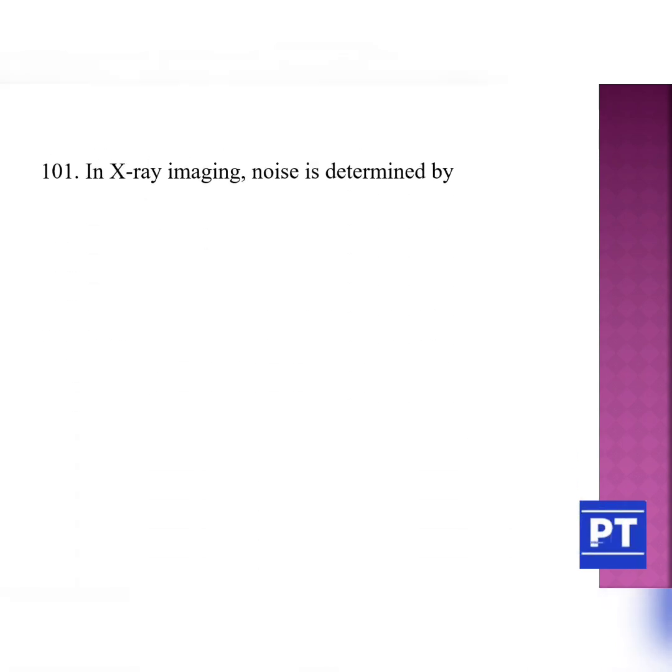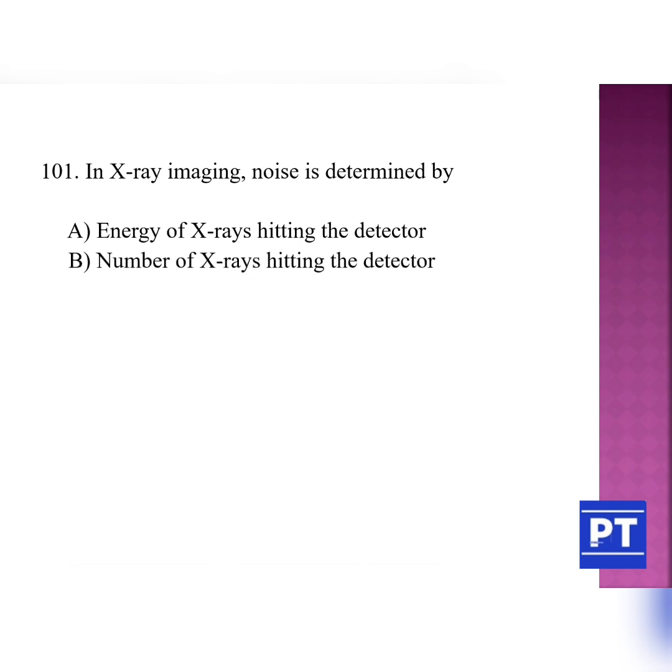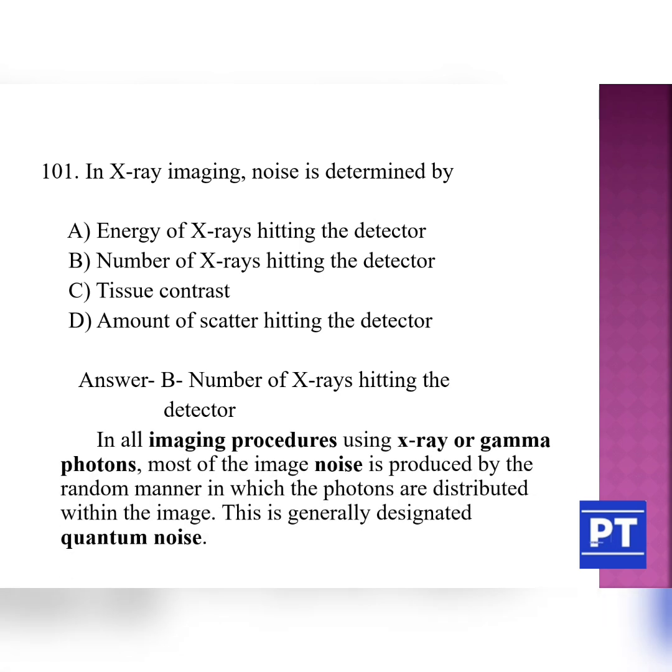Question number 101. In X-ray imaging, noise is determined by option A, energy of X-rays hitting the detector, option B, number of X-rays hitting the detector, option C, tissue contrast and option D, number of scatter hitting the detector. The answer is option B, number of X-rays hitting the detector.